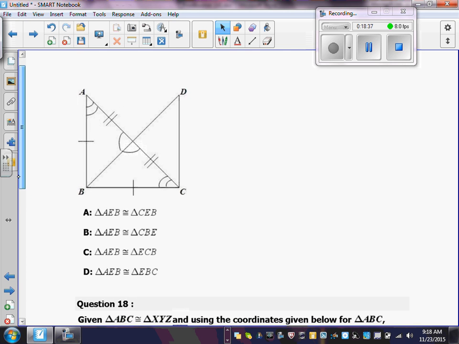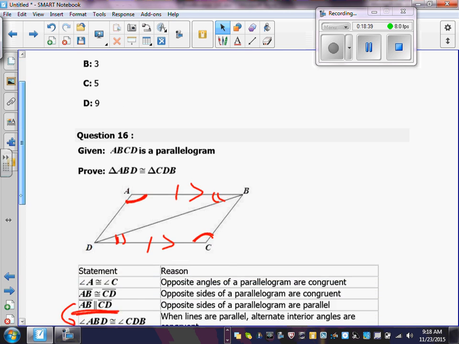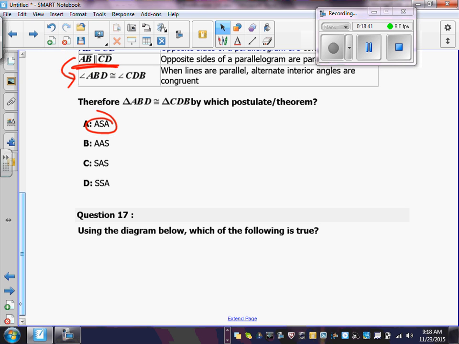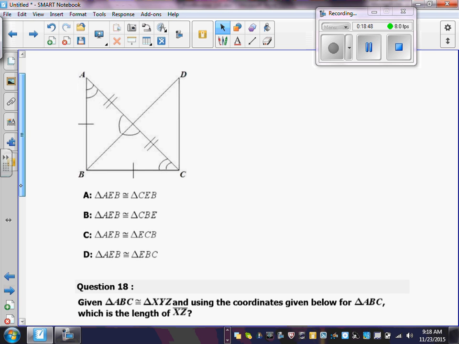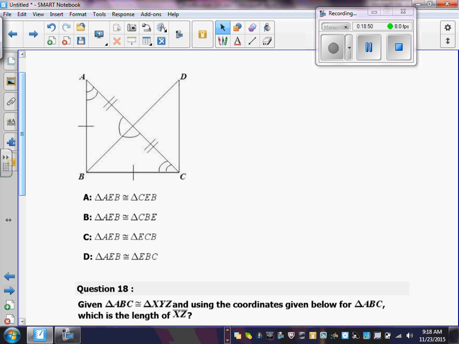Let's read the question before I assume what the question is. Using the diagram below, which of the following is true? So you have to see which one is going to be true. It says AEB, I guess this is E, right?